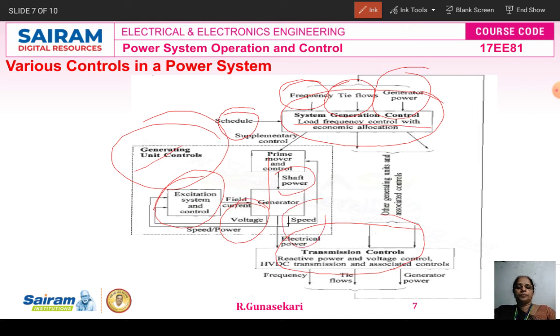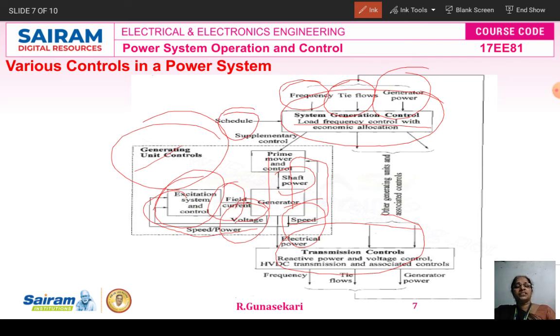Voltage and then speed. The speed of the generator goes to the prime mover, is controlled again, then comes back to the generator. Similarly, the voltage or power goes to excitation. By varying the field excitation, the field current of the generator varies. Finally, we can control the voltage and speed.